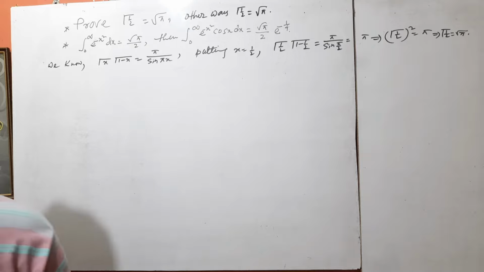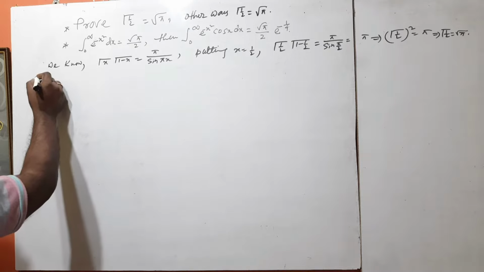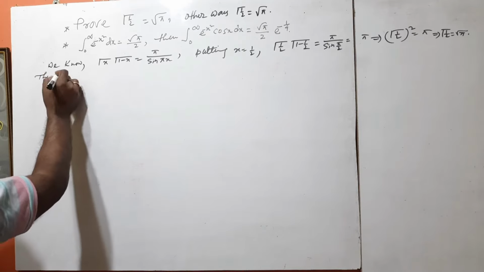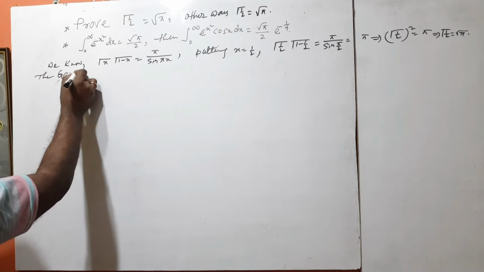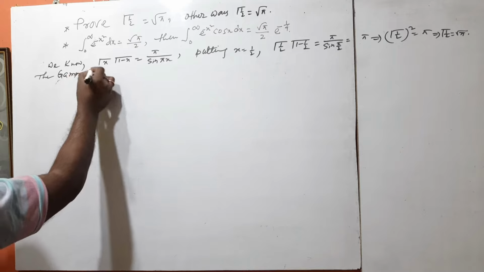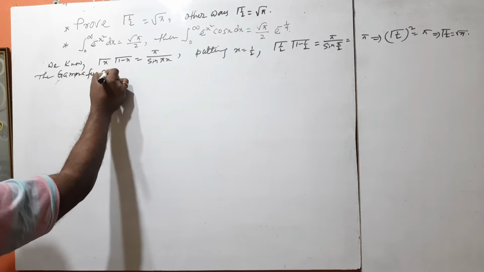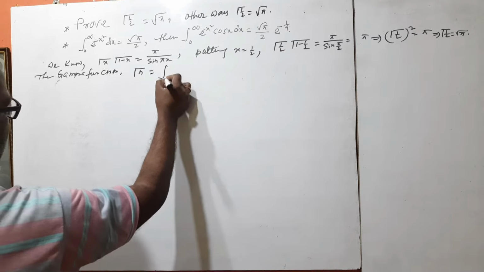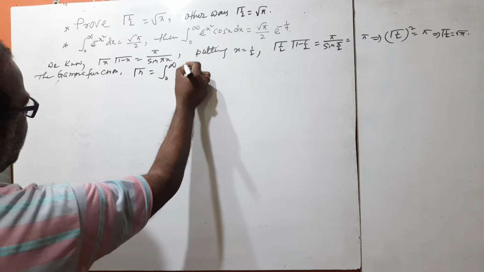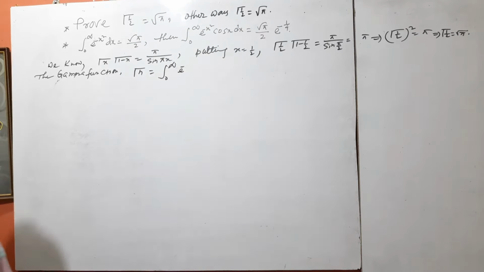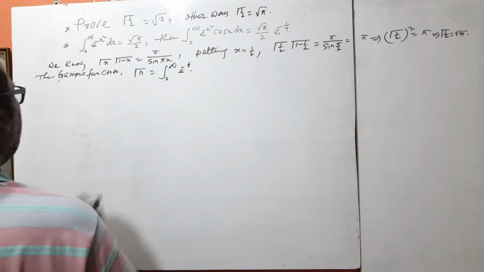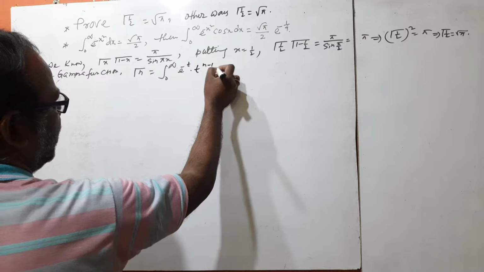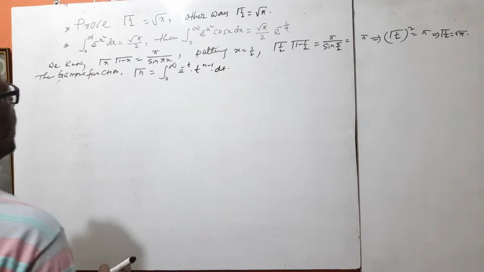See, from the gamma function, gamma n is the integral from 0 to infinity of e to the power minus t, t to the power n minus 1 dt.